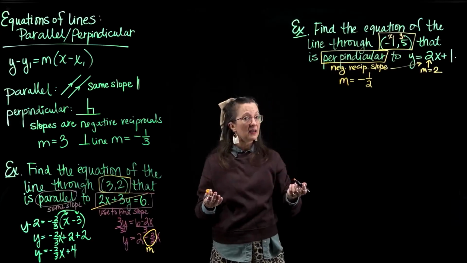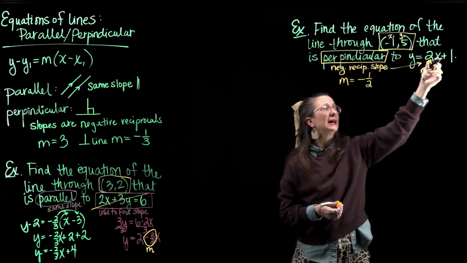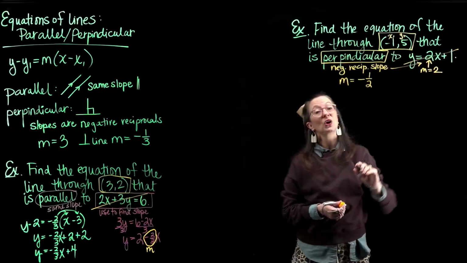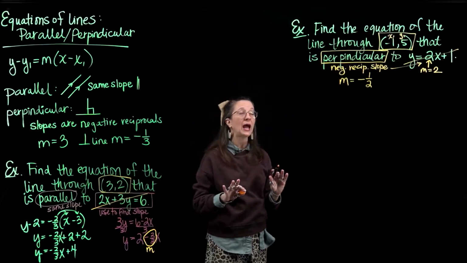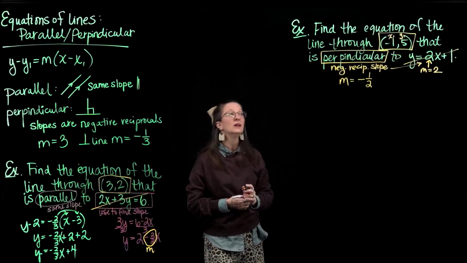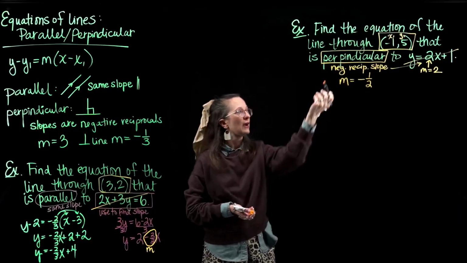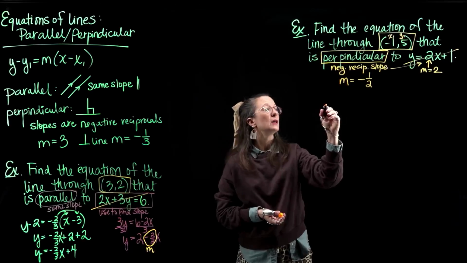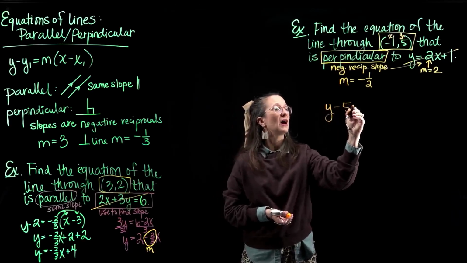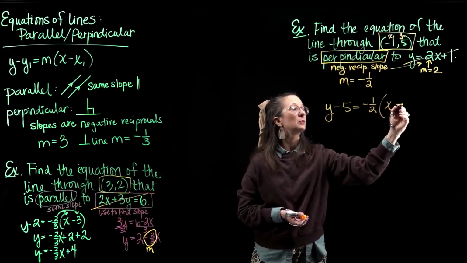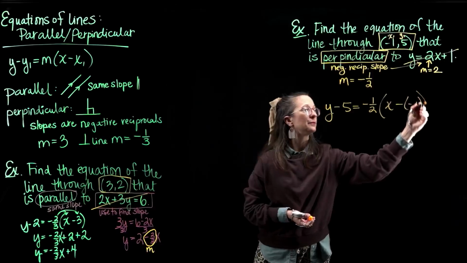All right, and then I have my point up here, my x1, y1, that I'm going to use. And again, I've used my line to get the slope of my new line, and I'm going to cross it off because I don't want to accidentally go back to it. We've used it as much as we need to. All right, let's use our point slope form. So y - 5 is equal to -1/2 (x - (-1)).